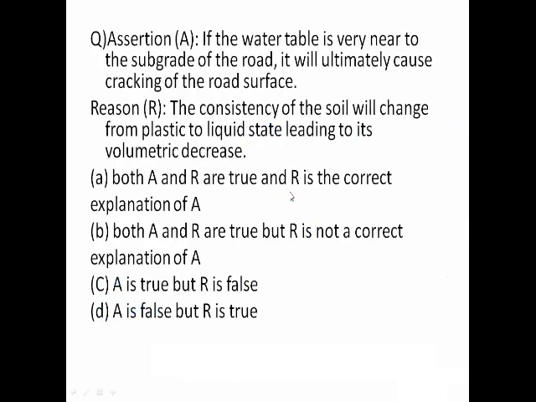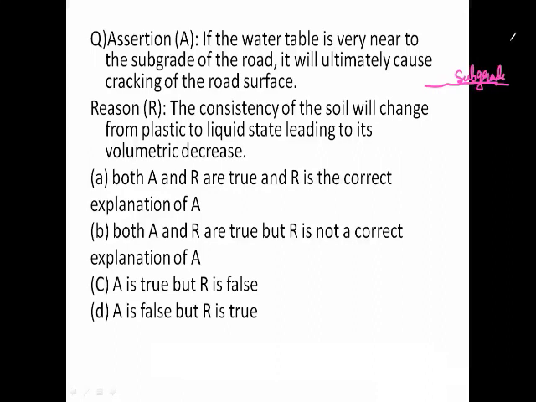Yes, there is an assertion and reason. So what is the assertion given here? If the water table is very near to the subgrade, you know that the subgrade is the bottommost layer of any pavement, it ultimately causes cracking of the road surface.